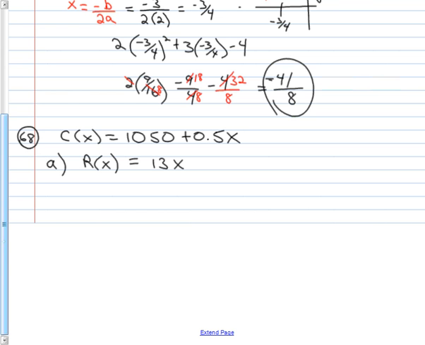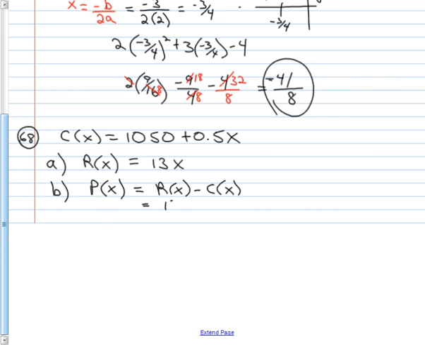B, the profit function. Without the fancy equations, profit comes from doing what? How do we get it? Revenue minus cost. So it's just going to be the revenue function minus the cost function. So now I'm going to do my fancy equations.